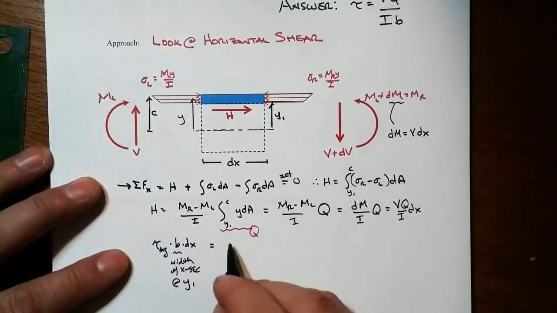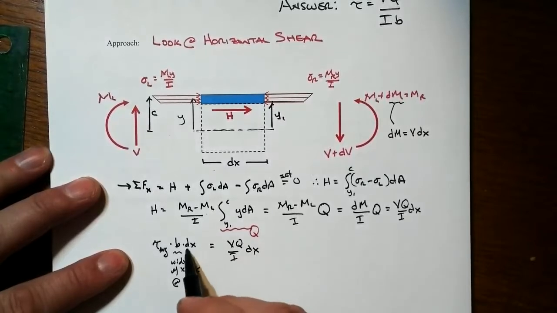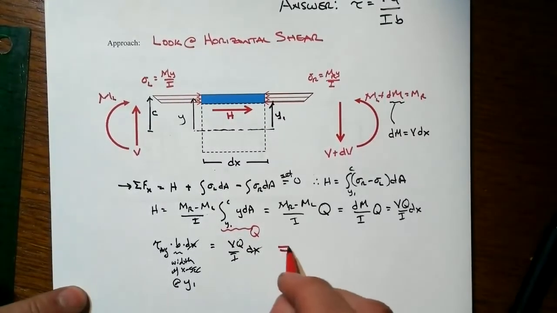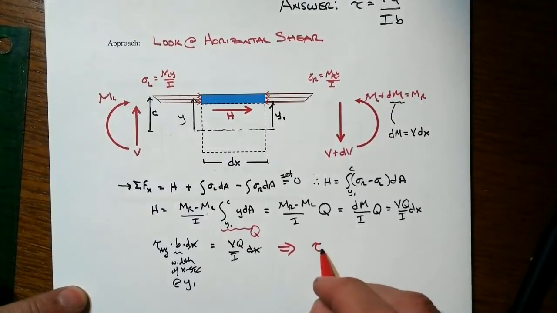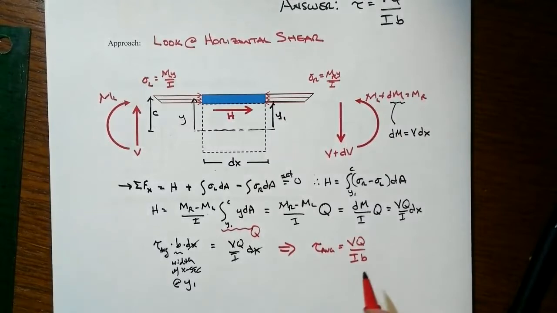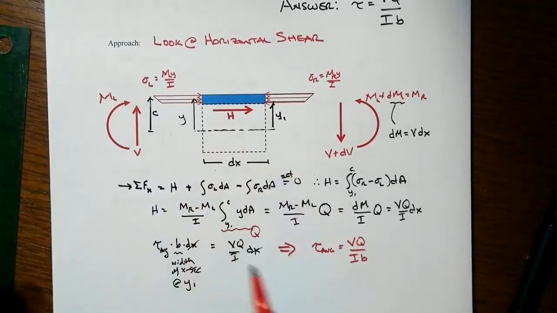And that's going to be equal to vq over I times dx, and of course dx shows up twice, and lo and behold, we end up with tau average equals vq over Ib. We usually drop the average. It's implied that you understand that that's the average across this width, and so on and so forth.